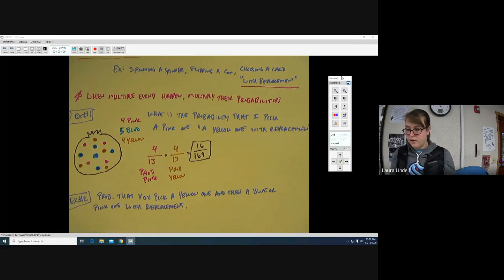Okay. So in the chat, what's the probability of picking a yellow one? Yeah, it's the same as it was before, right? 4 out of 13. Because there's still 4 yellow ones and 13 total.